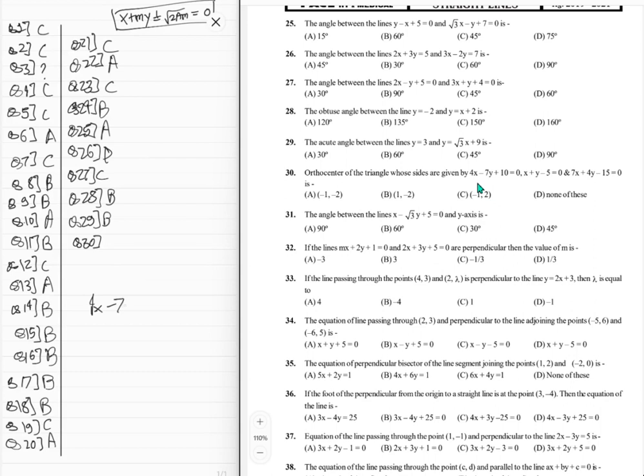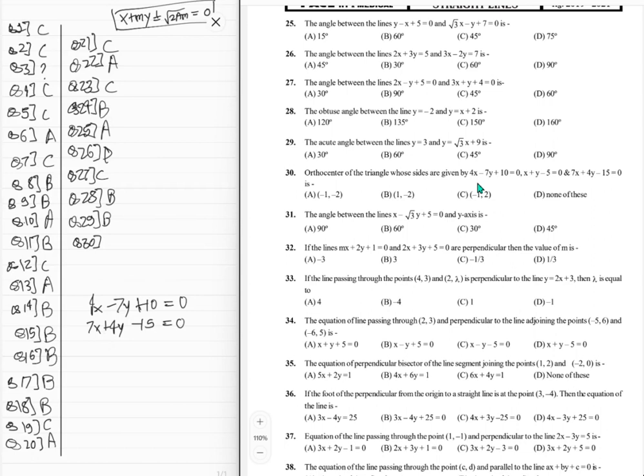4x minus 7y plus 10 equal to 0. 7x plus 4y minus 15 equal to 0. Let's first add this. Should I actually add this? I don't know. Will it give something nice? No, just solve it the traditional way.